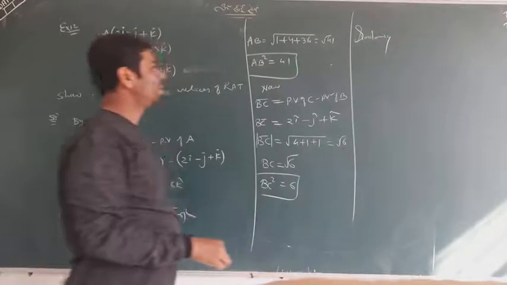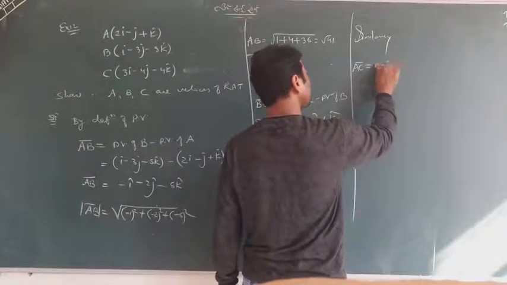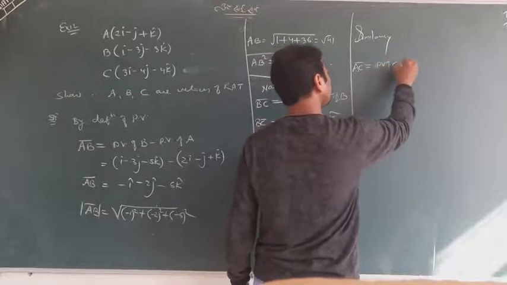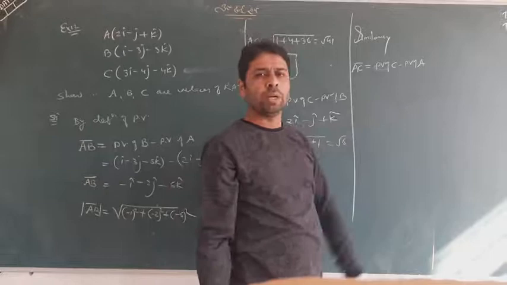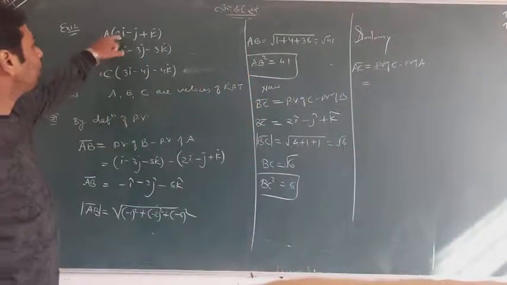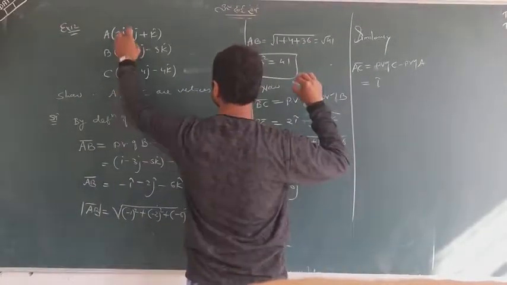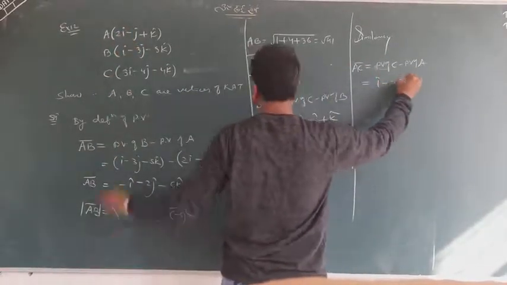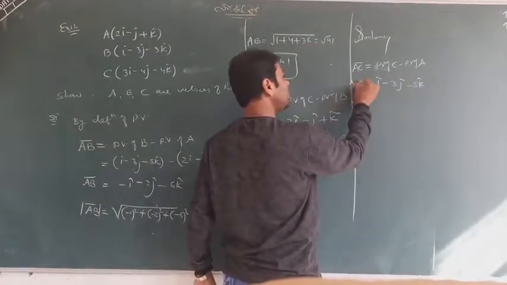Similarly, AB, BC, CA. CA or AC, you can find anything. Position vector of C minus position vector of A. You can also write OC minus OA. Acceptable. So 3i minus 2i is 1i. Minus 4j plus j is minus 3j. Minus 4k minus k is minus 5k. So this is my AC.